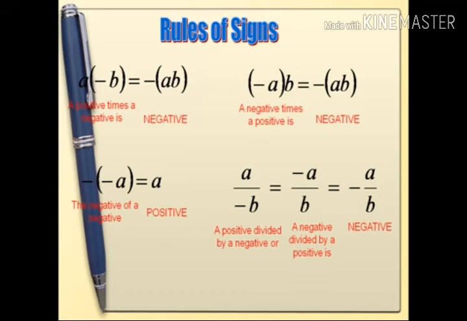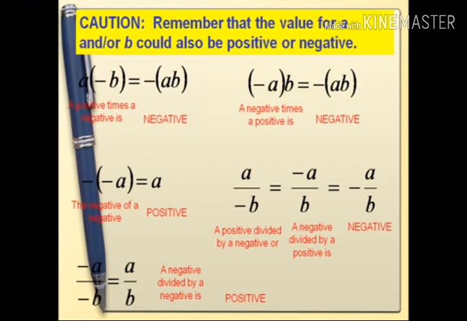Now if minus a and minus b both are there, it gives you a positive result. Just follow the screen, it will be better for you. A negative dividend and a negative divisor give you a positive result. Please follow the symbol. Remember that the values of a and b could be positive or negative.